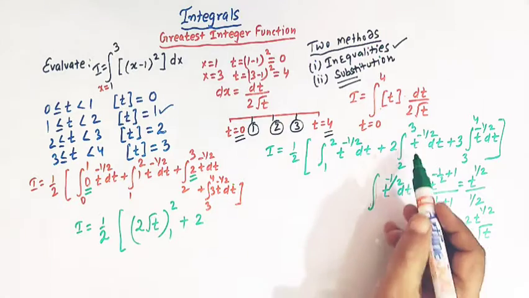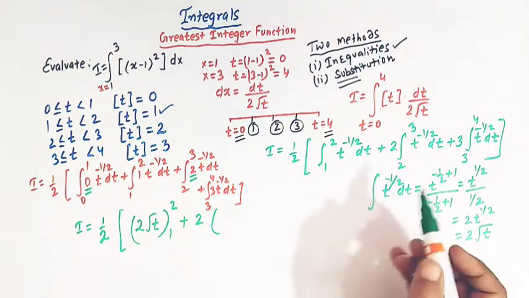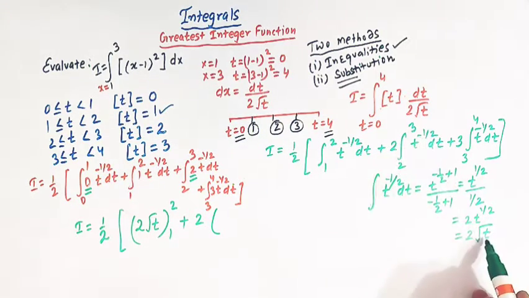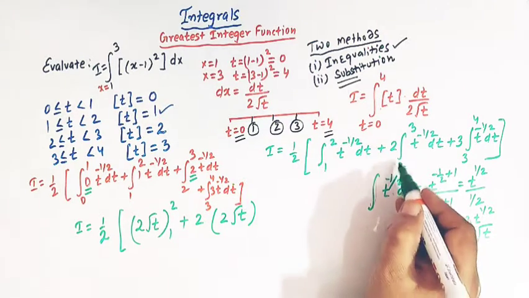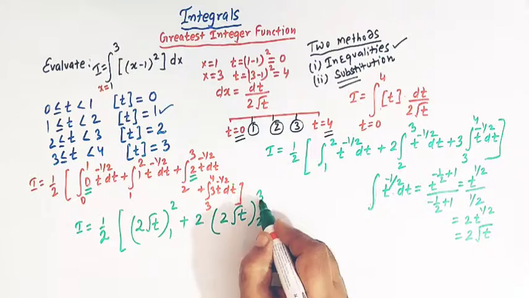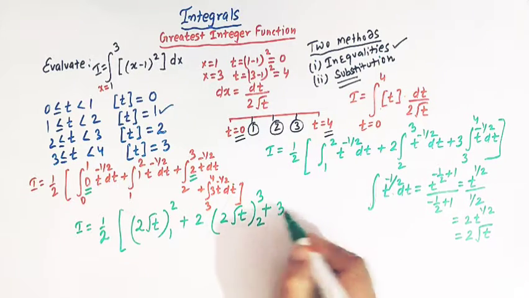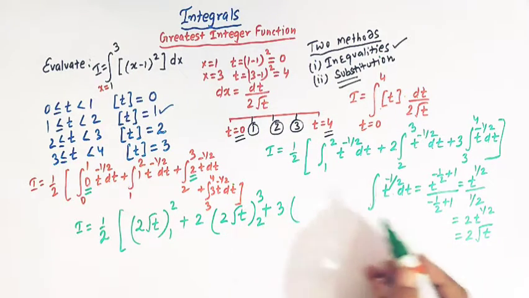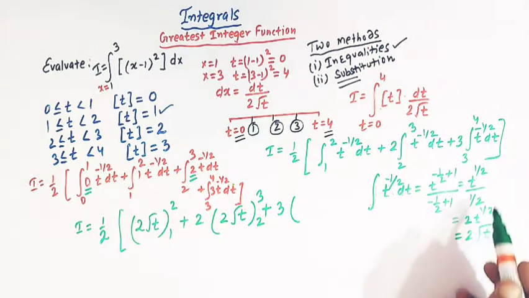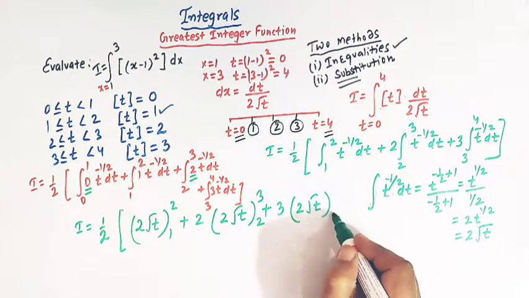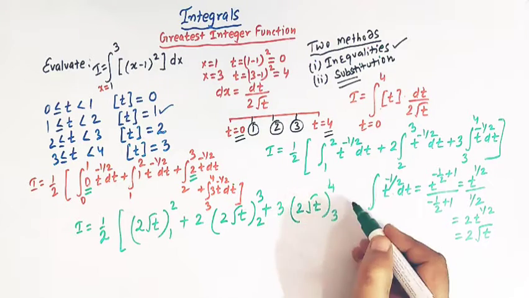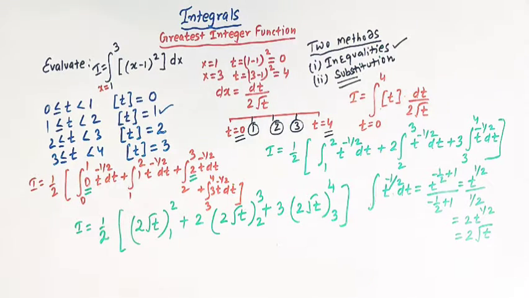Then we have 2 times the integral of t raised to minus half, which is 2 root t, with limits from 2 to 3. And then we have 3 times the integral of t raised to minus half, which is 2 root t, with limits of integration from 3 to 4.